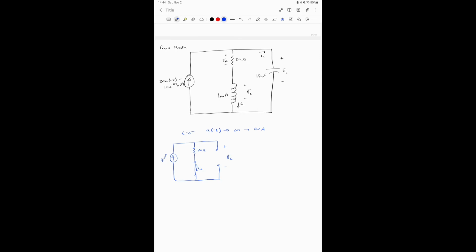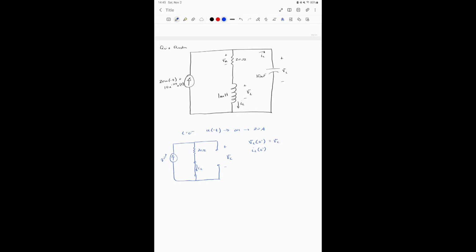So you can still have a voltage of a capacitor, and you can still have a current of an inductor, but their impedance values are 0 here, or actually here the impedance would be infinity. But the point here is that you now have a circuit to work with to derive your VC of 0 minus and your IL of 0 minus.